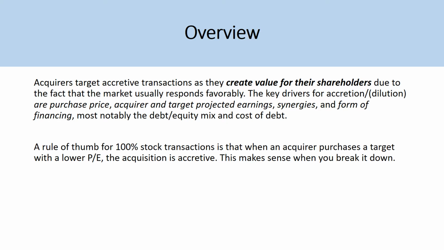And so if you are the acquiring firm, your earnings are priced at a higher level relative to the target firm, whose earnings are priced at a lower level, then you are buying earnings at a cheaper rate, and therefore that's beneficial for you. So in 100% stock transactions, when it's all financed by stock, if the acquirer buys a target firm that has a lower price to earnings ratio, the acquisition is always considered accretive.